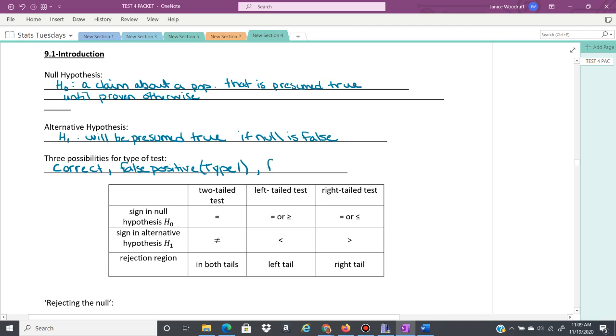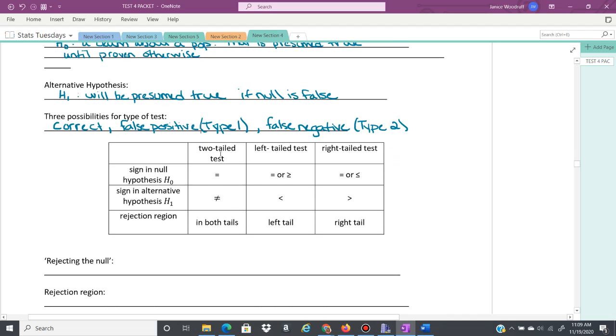Or a false negative, type 2 error. Okay, so a false positive, let's say you take a COVID test, it comes back positive, but you don't really have COVID. That's a type 1 error. Take a COVID test, it comes back negative, but you really do have it. That's a type 2 error.